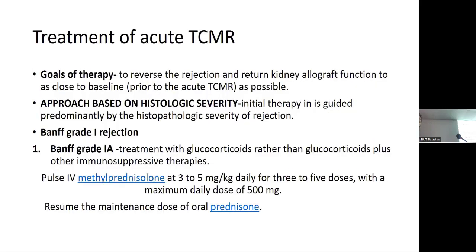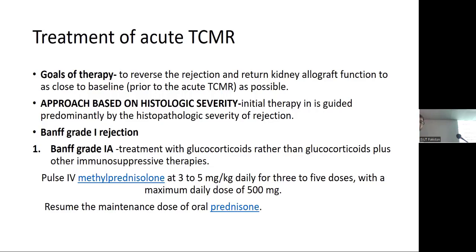Now, the treatment of acute TCMR. The goal of treating acute TCMR is to reverse the rejection and return kidney allograft function to as close to baseline as prior to the episode. The treatment of acute TCMR is usually based on the histologic severity.